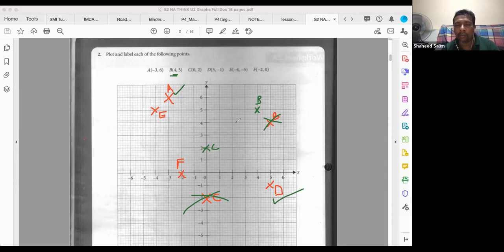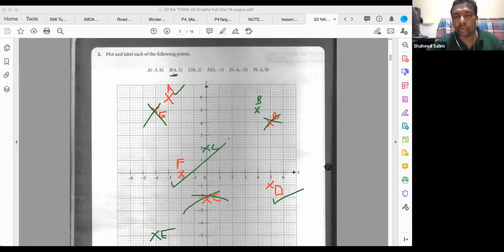Minus 4 down here, no? Minus 5. This one plus 5 lah. Salah lah. It's minus 4, minus 5 down here. This is E. And F is minus 2, 0. This is correct.